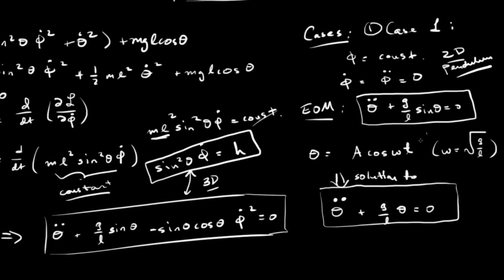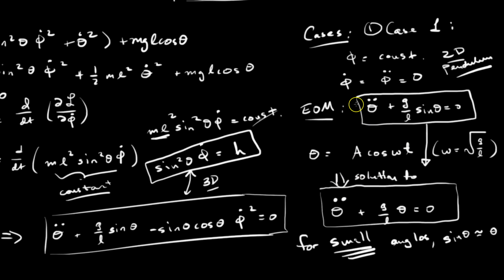And so here we come to the conclusion. For small angles, sine of theta is approximately theta. That's how you get from this equation to that equation. You assume that the angle is small.